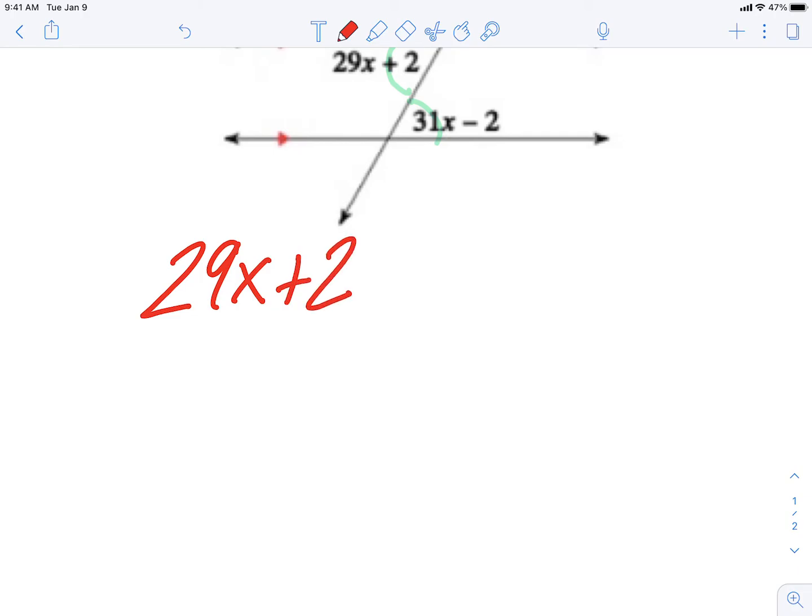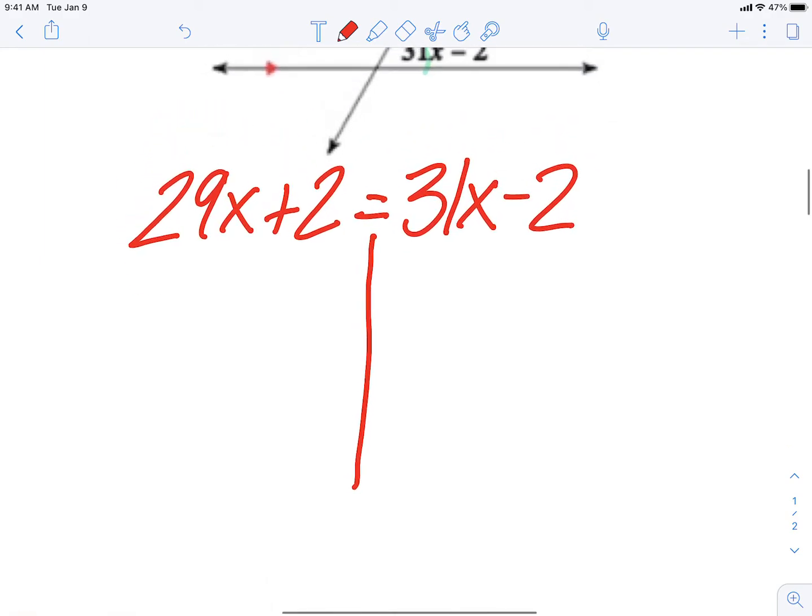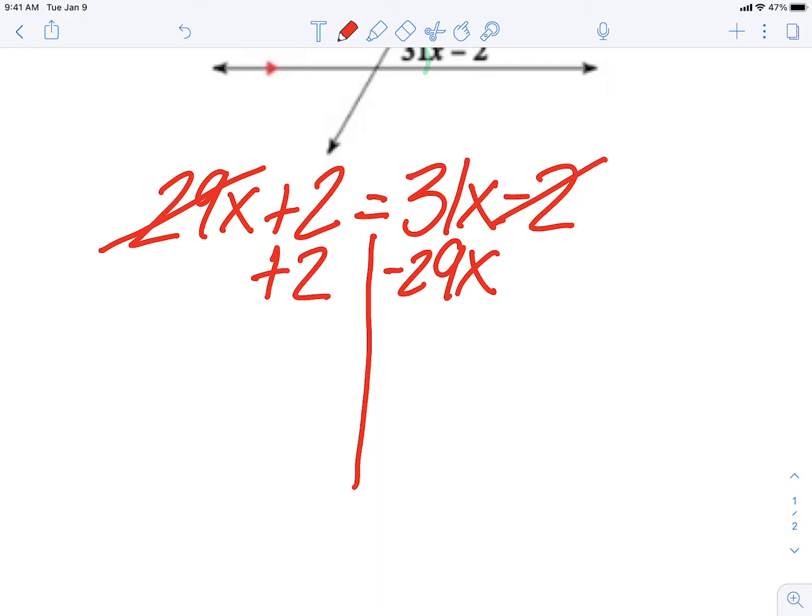So let's say 29x plus 2 equals 31x minus 2. So I'm going to draw my line of separation. And this time I'm going to bring this 29x over this way, minus 29x, and I'm going to bring this minus 2 over as plus 2.